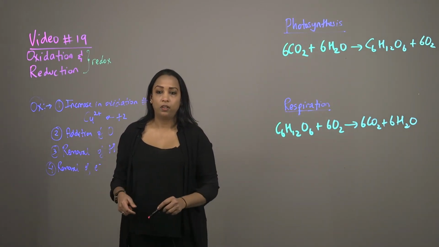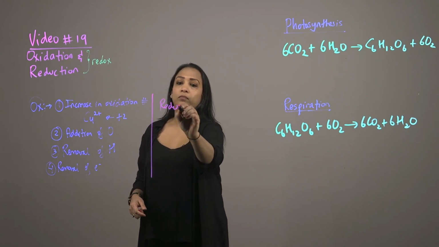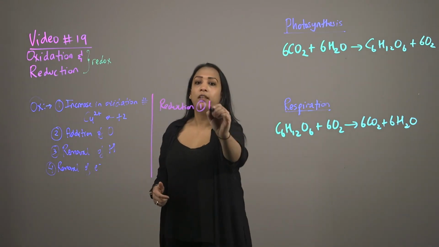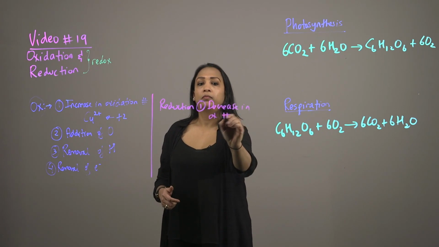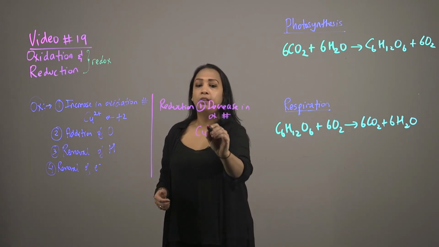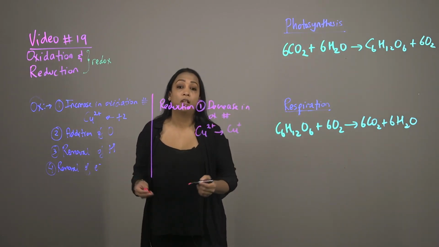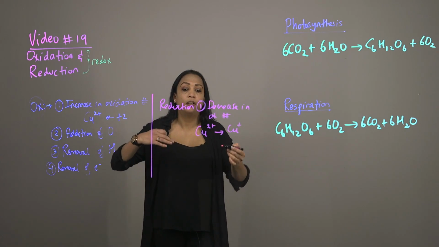of oxidation. So we can think of reduction as a decrease in the oxidation number. So if, let's say, we had copper 2 plus going to copper 1 plus, this is a reduction. We are decreasing the valency.